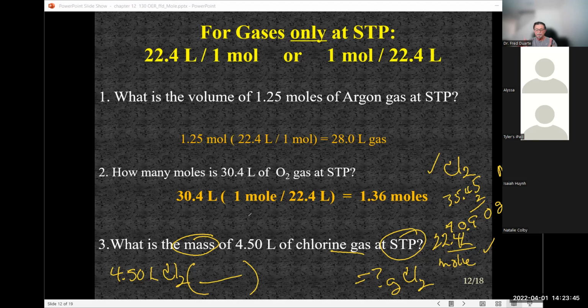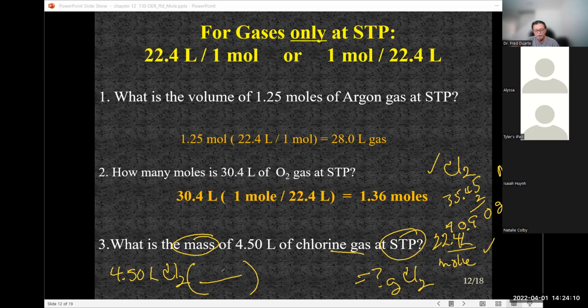So again, it emphasizes that starting with atoms, molecules, units, or volume, and trying to get to grams, I have to go through moles. So I need a factor that puts me into the mole universe.